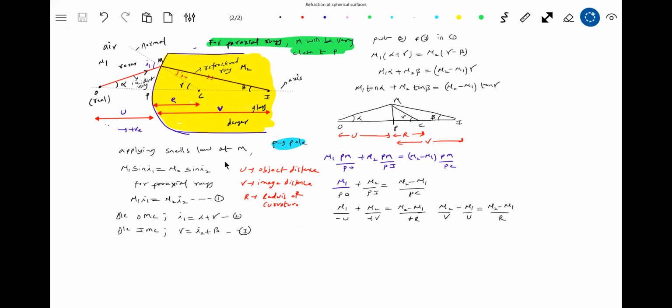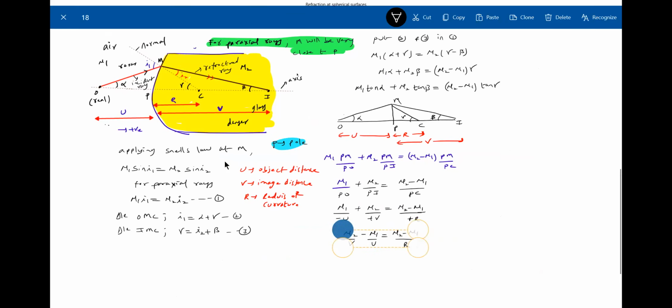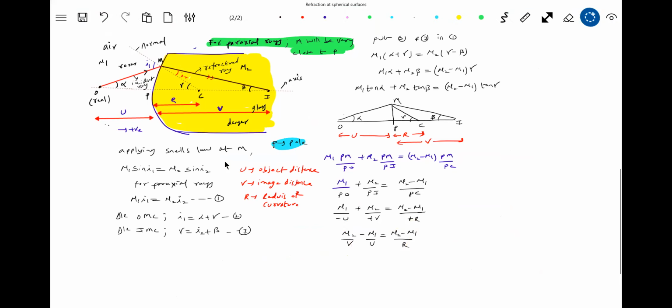What is mu2, mu1, mu2 by v? What do you mean by mu2? This expression I'll rewrite in this way here.